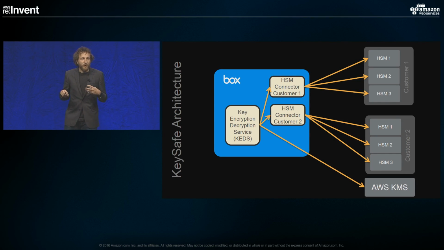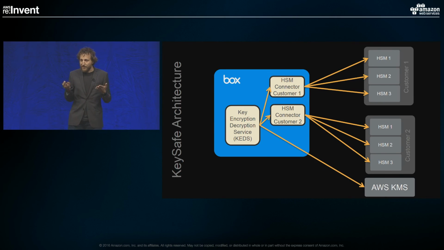So at Box, we have something called the Key Encryption Decryption Service. And I want to show how we communicate with KMS and Cloud HSM. What we do for each HSM customer is we spin up a new HSM connector. And this is because the Gemalto library uses environment variables for configuration. What it also does is it provides isolation between different customers.